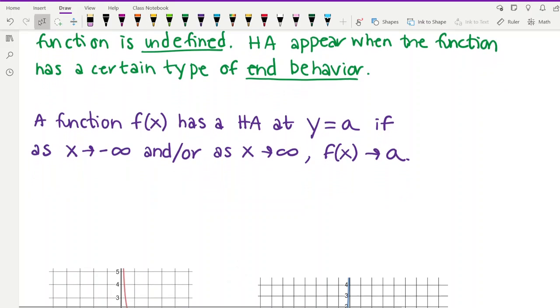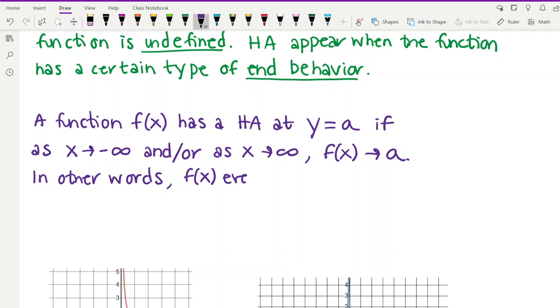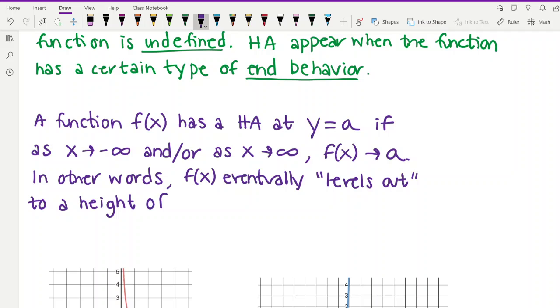So let me just rephrase this slightly. Another way of saying this is, in other words, if you have a horizontal asymptote at a particular height, what that means is that the function eventually levels out to a height of y is equal to a, right?